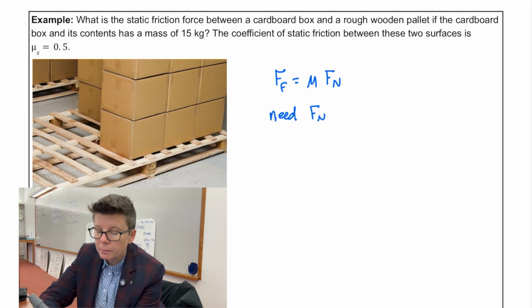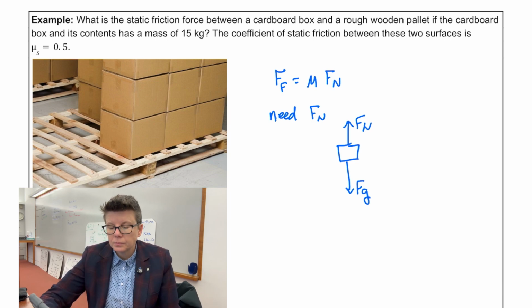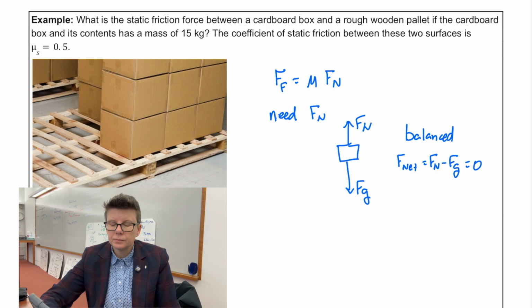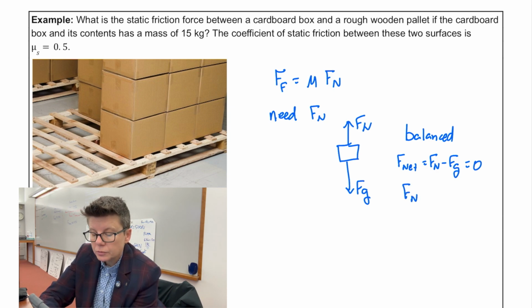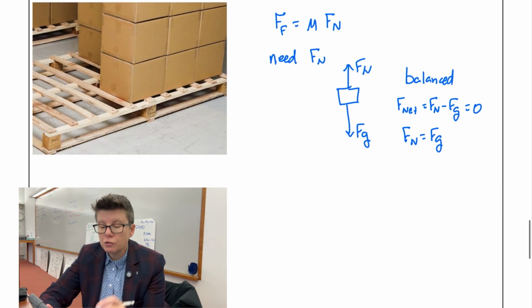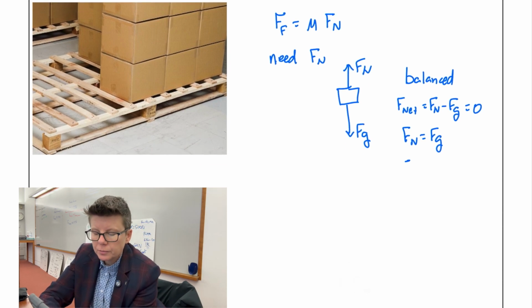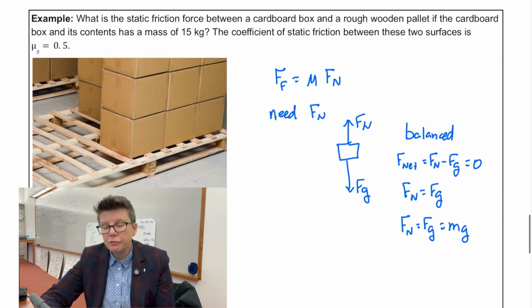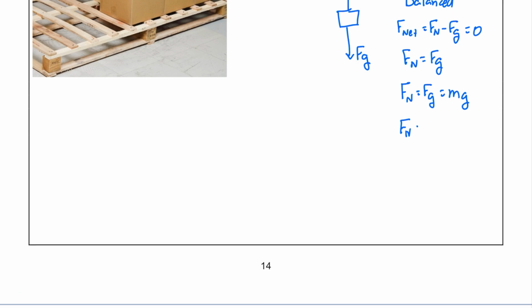Let's draw a force diagram. Normal, gravitational. They're balanced, meaning that Fn equals Fg. Oh, but wait, I know Fg. Let's calculate the weight of the box. 15 kilograms.